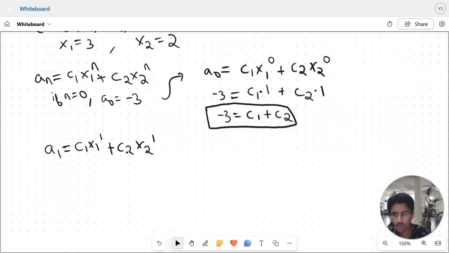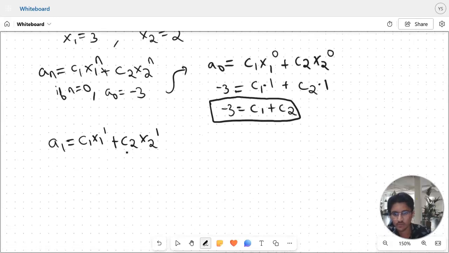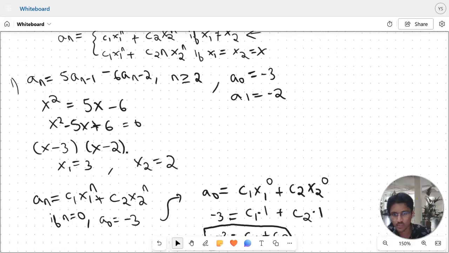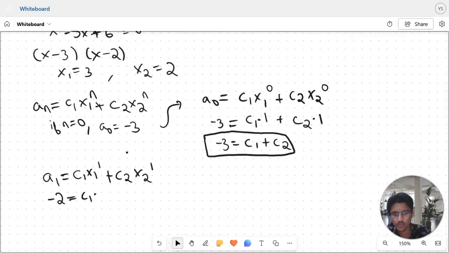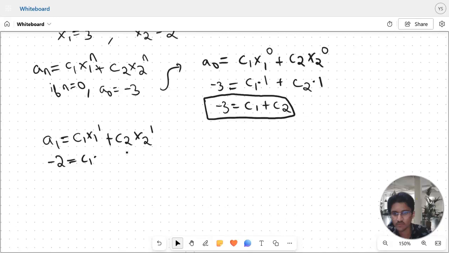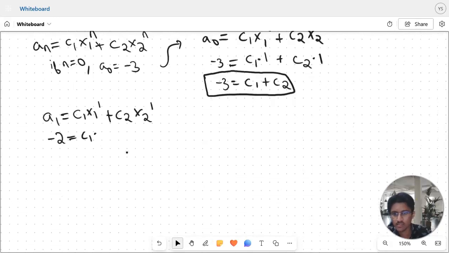Okay? Now A1 we figured out was here, as you can see, it's -2. They've given us that it is -2. -2 equals C1 times x1. What is x1 again? Well, because now we don't have the 0 power, we have the first power. So x1 we figured out here, it is 3.